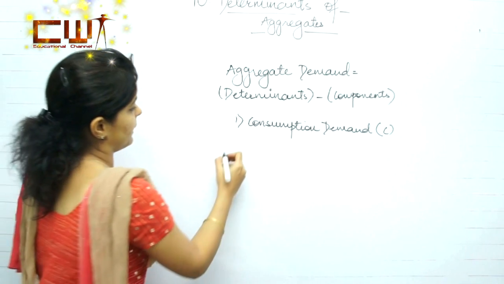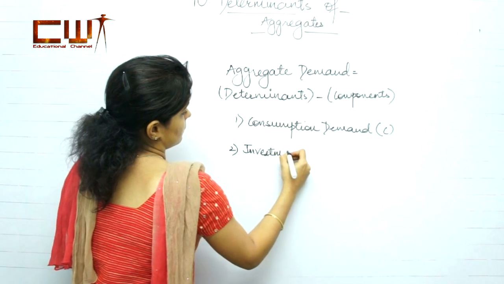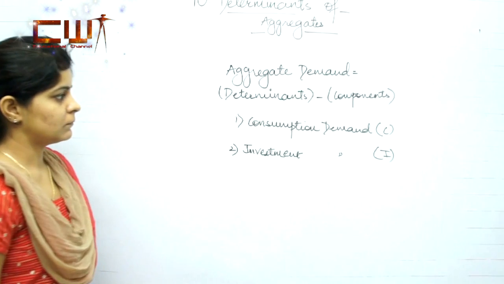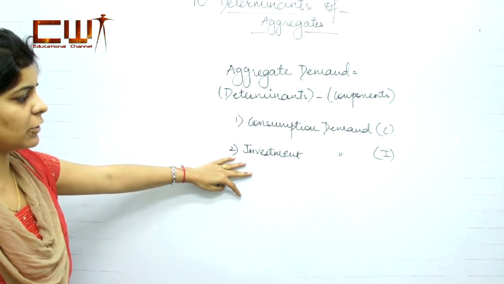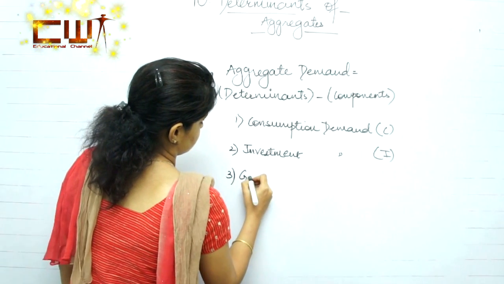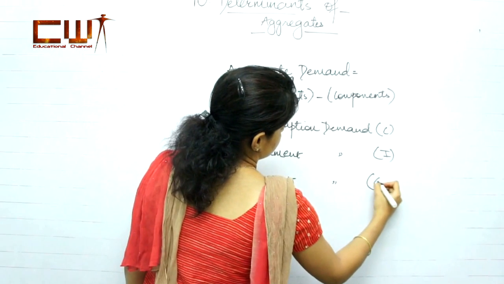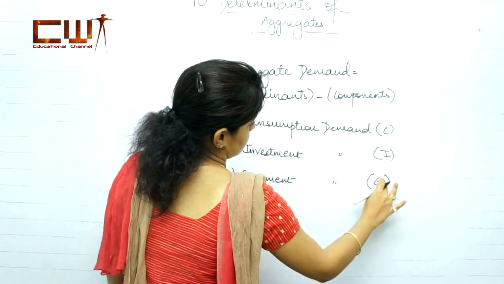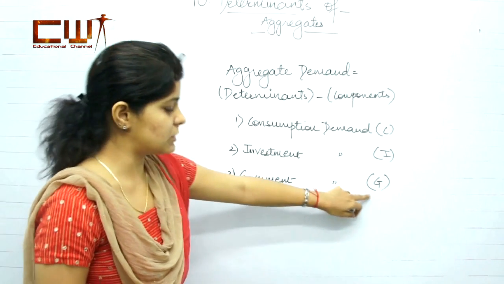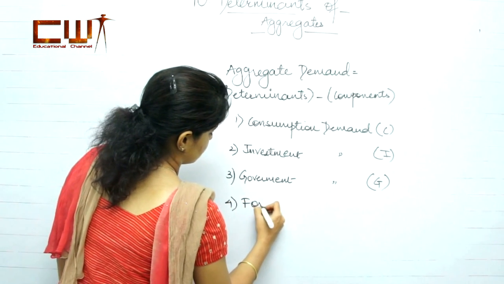Next you have investment demand. Investment demand is denoted by I. Government demand is denoted by G, and lastly you have the foreign demand.